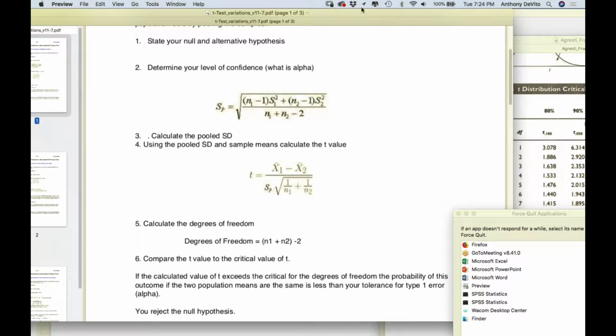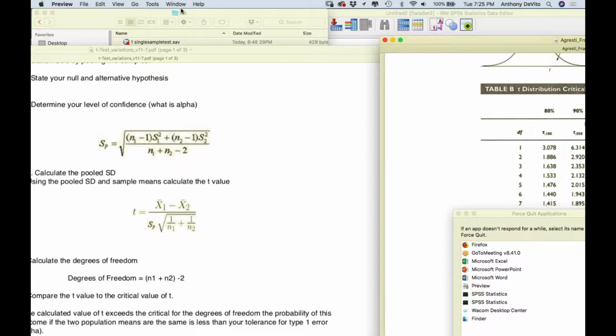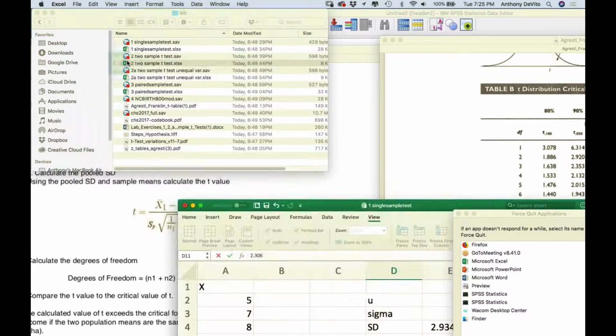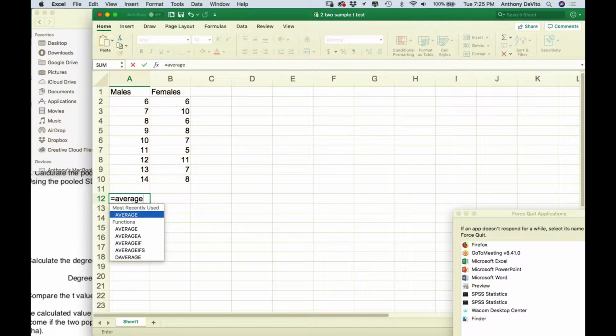Okay, so I'm going to give that a try right now in Excel. I'm going to move this over here. I'm going to open this data in Excel. And again, if you want to go along with me, you have this on Blackboard. Here's our data. Okay, so I'm going to go down here. I'm going to find the mean. This is going to be X bar equals average, parentheses.